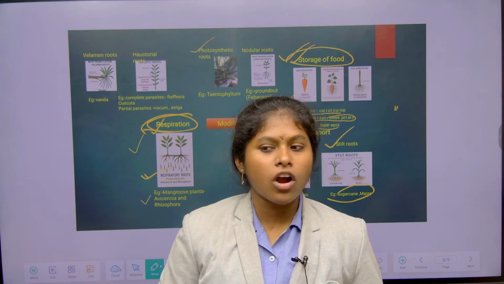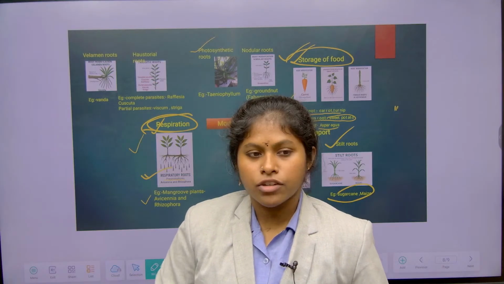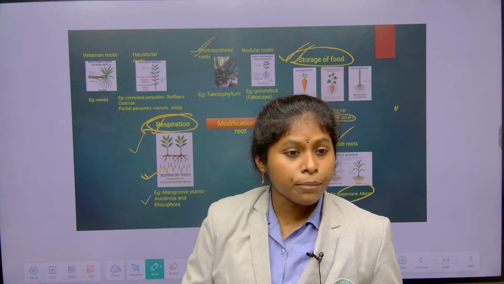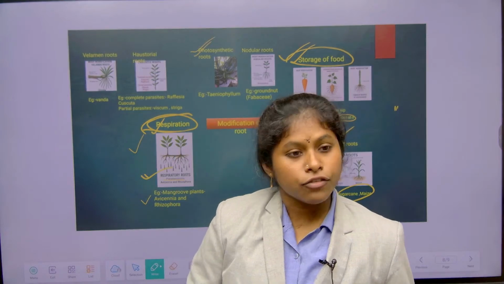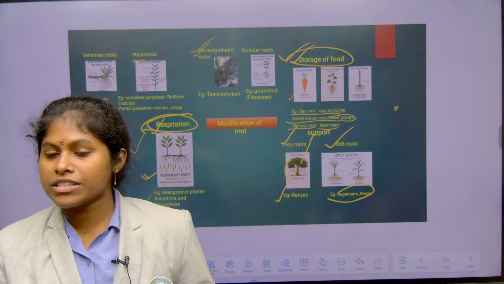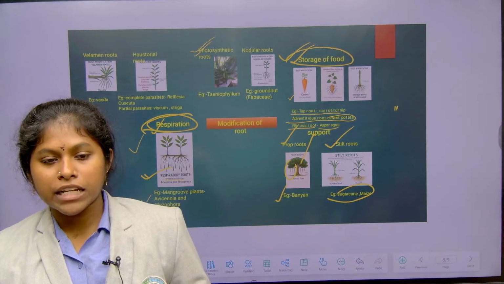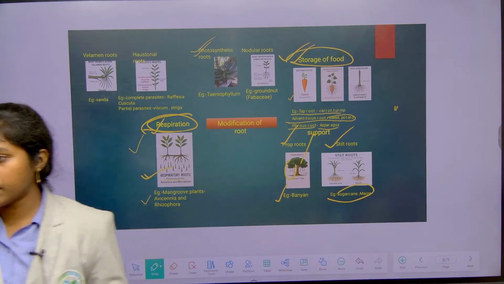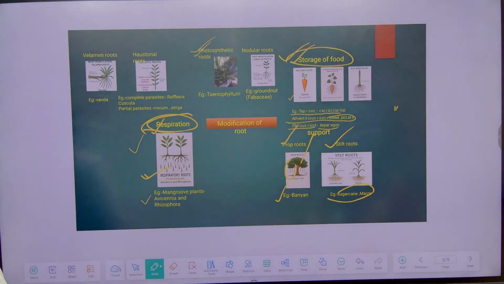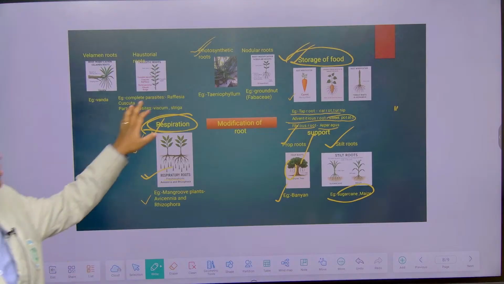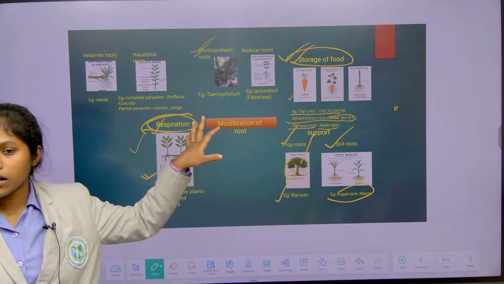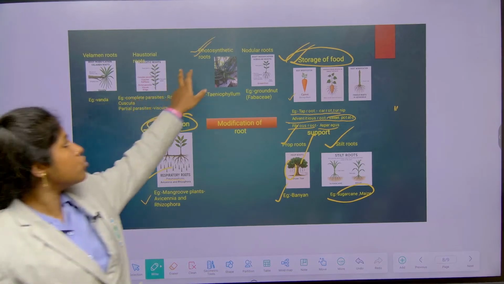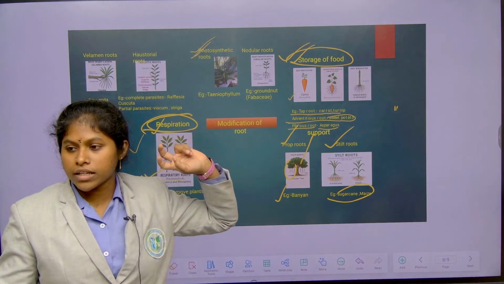So leaves are also called food factories, which means in these photosynthetic roots, the roots themselves are producing the food. Yes, no? Which means the roots have the chlorophyll pigment. That is why they can absorb the sunlight. We all know that by the chlorophyll pigment only, the light can be absorbed by the plant. Which means the roots are themselves absorbing the sunlight and carrying out photosynthesis. That is why those roots are called photosynthetic roots.